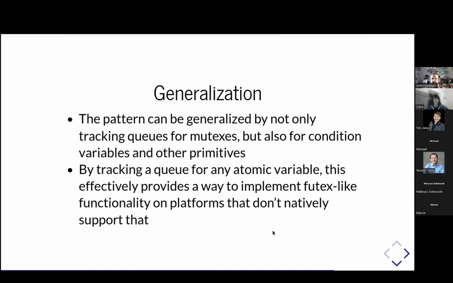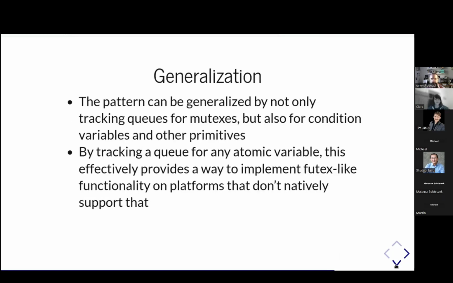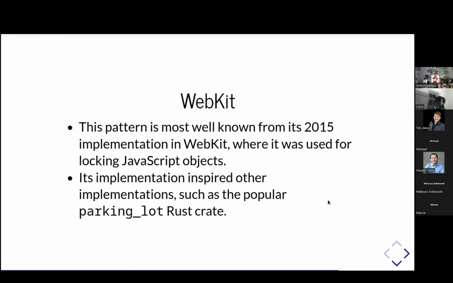And we can generalize this to track other things and get futex-like functionality out of that. So famously, WebKit did just this. This is the WebKit solution for locking its objects, which is, of course, the JavaScript web GUI building thing.